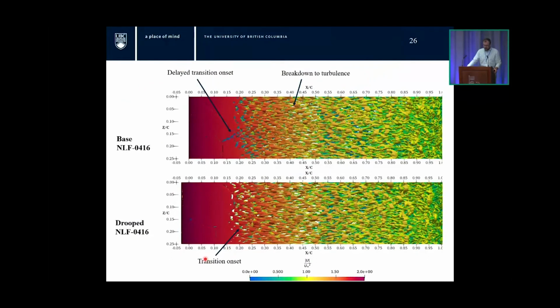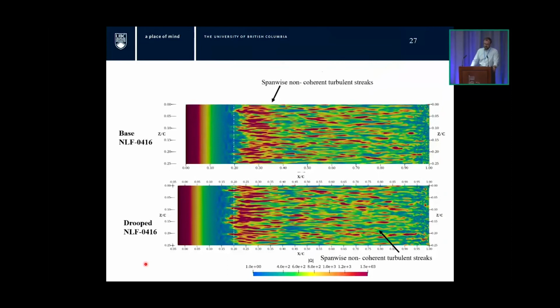So if we look at where transition occurs, we see that it is slightly delayed, but only by a few percent of the chord, and the breakdown to turbulence is quite similar for this NLF airfoil. The same thing is visible in the surface instantaneous vorticity, where we see spanwise non-coherent turbulent streaks.